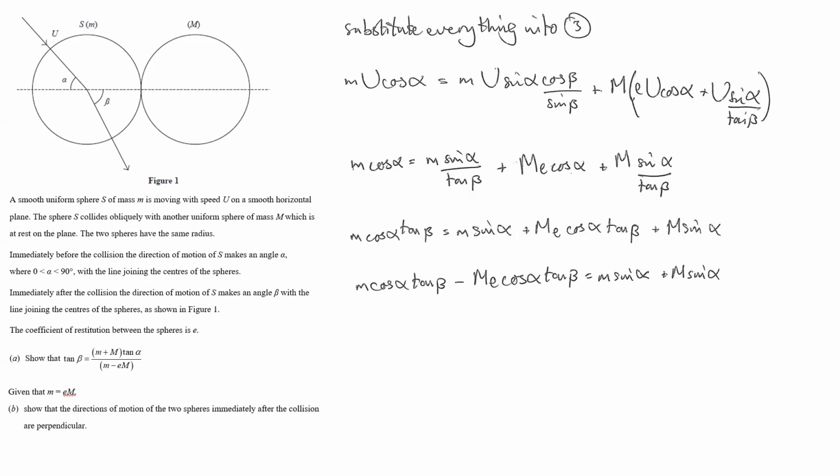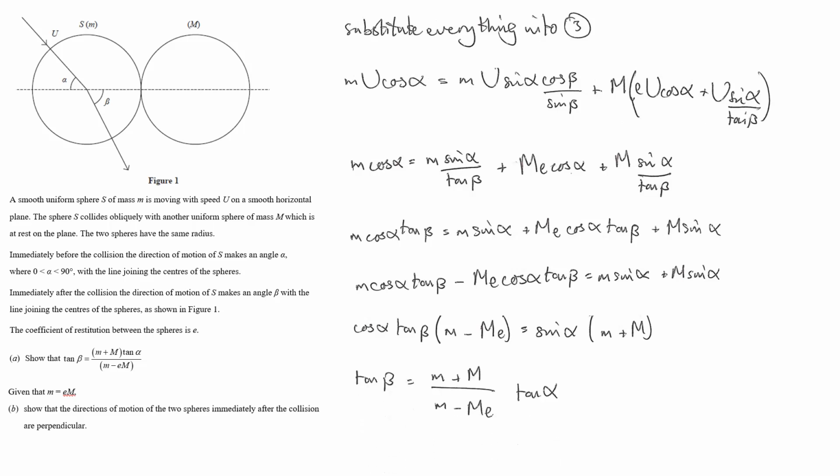And then I factorized because everything on the right-hand side of the equals had a sine alpha. On the left, it had cos alpha tan beta, which I factorized the other side as well.